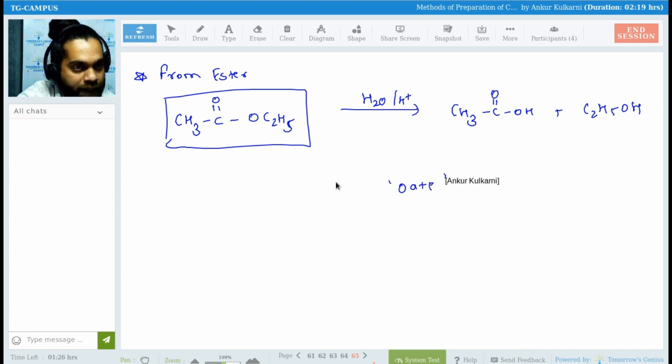Now look over here: whatever is after the oxygen, even if you have 100 carbons, we consider it as a branch.